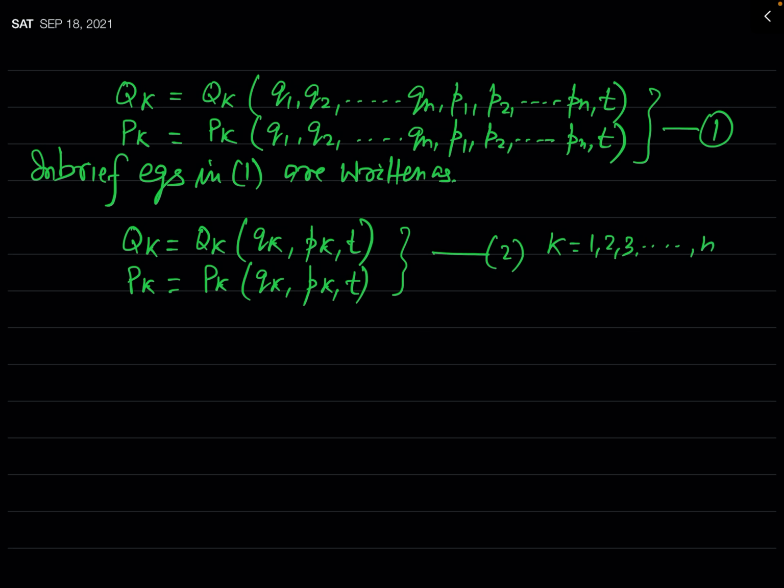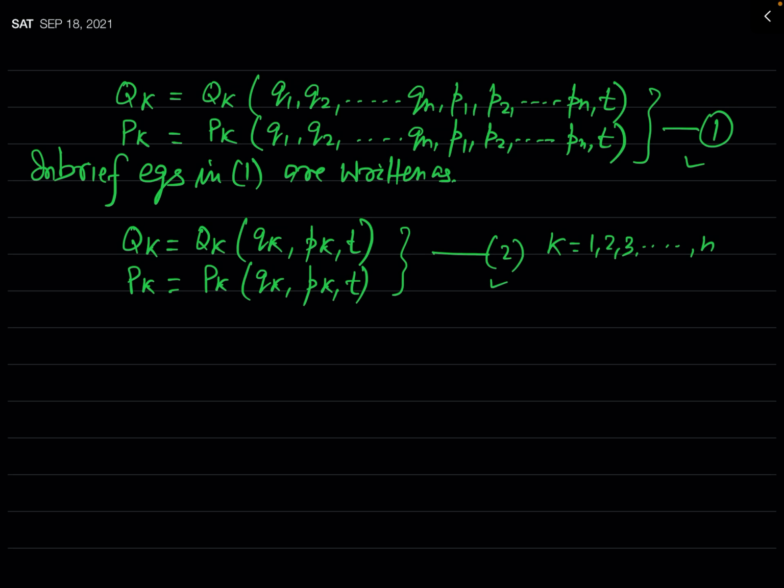Actually, the transformations defined in equation 1 or equation 2 are both the same. These transformations will be called the canonical transformation, but only when the form of Hamilton's canonical equations of motion in this new coordinate system remains invariant.